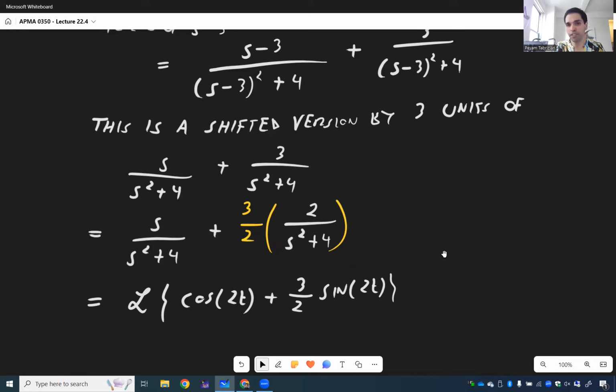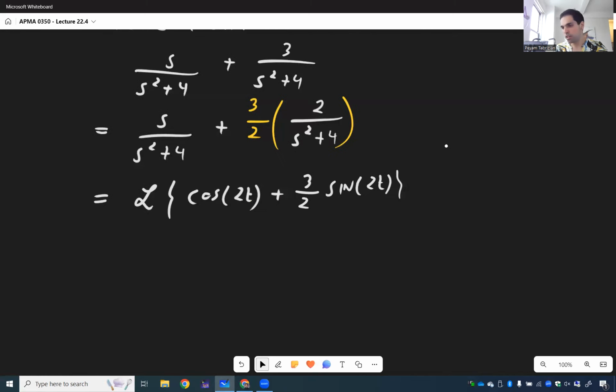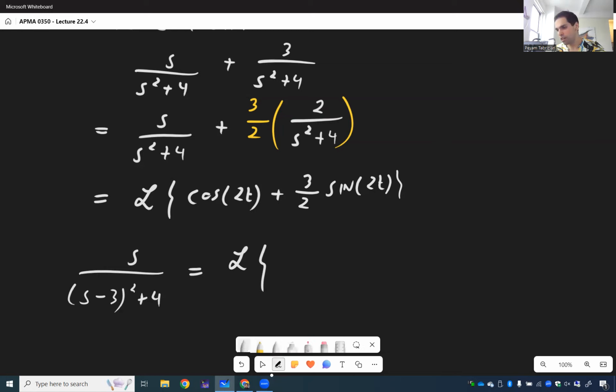So now the shifted version, the stuff that we had, s over s minus 3 squared plus 4, now becomes the Laplace transform of e to the 3t times all that: cosine 2t plus 3/2 sine of 2t.